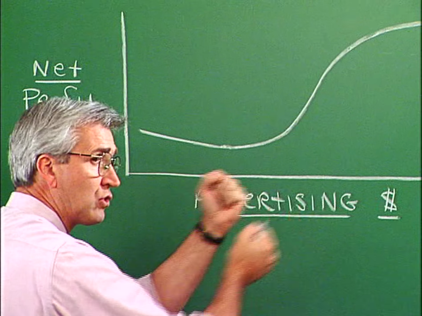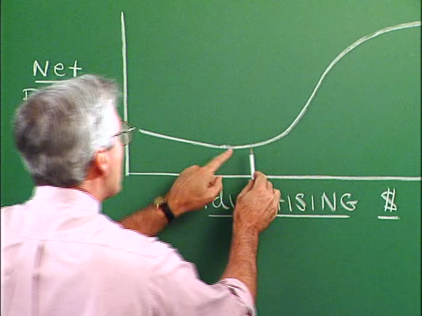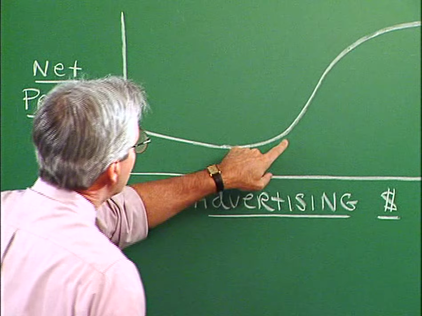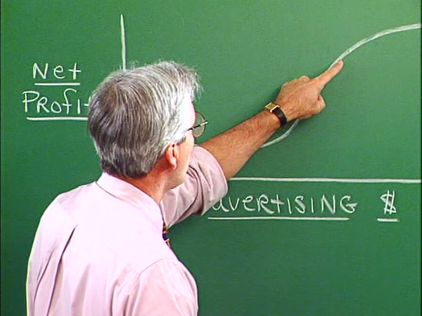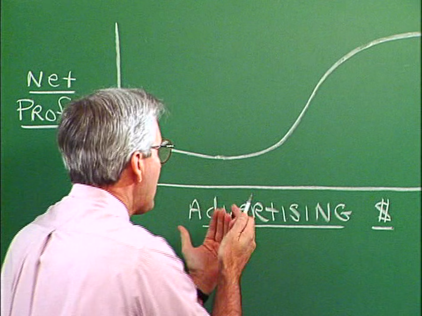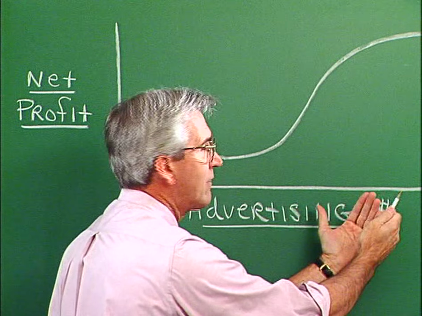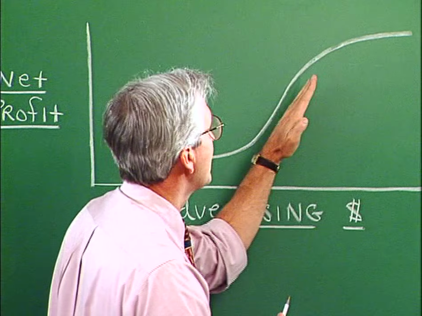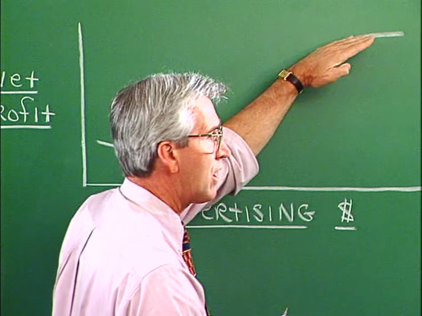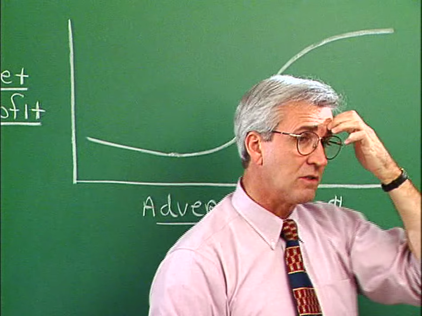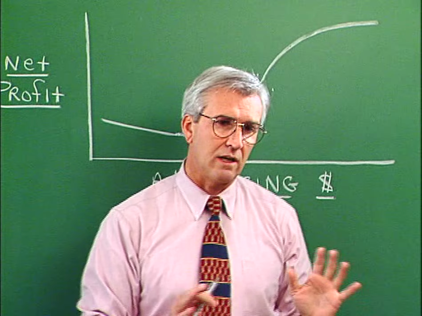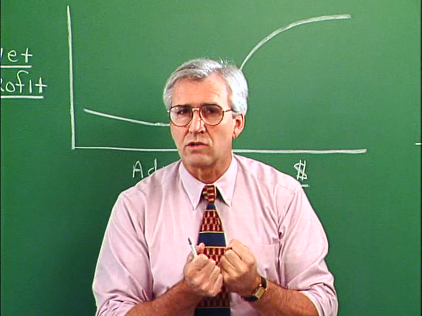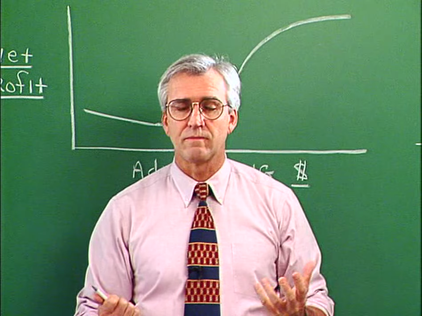But as people are drawn to our business, then the advertising dollars start to pay off, and then the profits begin to soar. But eventually we're spending so much money on advertising that it's not really panning out profit-wise, that we actually start to level off on the profit, that there's sort of a maximum amount, not exactly a maximum, but sort of an area where the returns on that profit start to diminish.